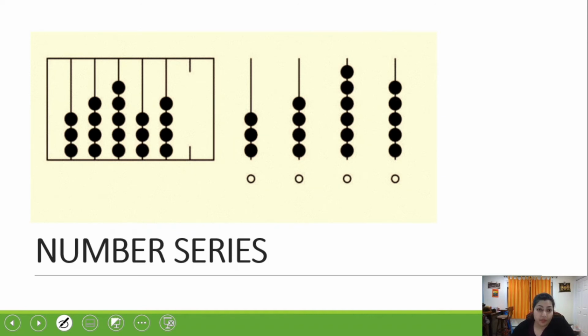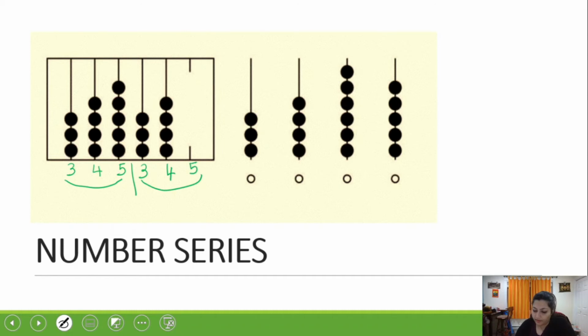Then we have number series. The best tip for number series is to find out the pattern by writing down the number of beads. So over here, for example, we have 3, 4, 5, 3, 4. So first try 2 digits, 3, 4 doesn't make sense, but 3, 4, 5, 3, 4, 5.